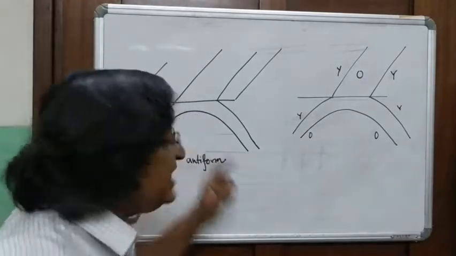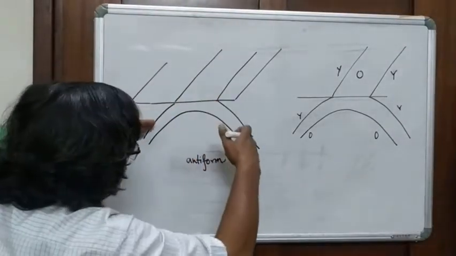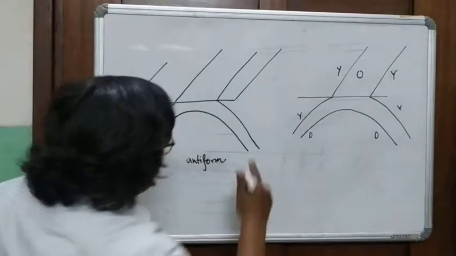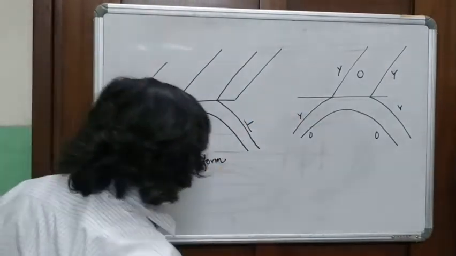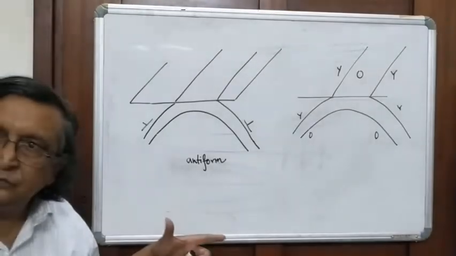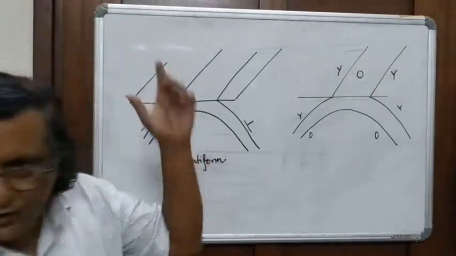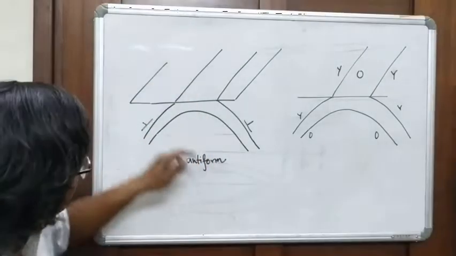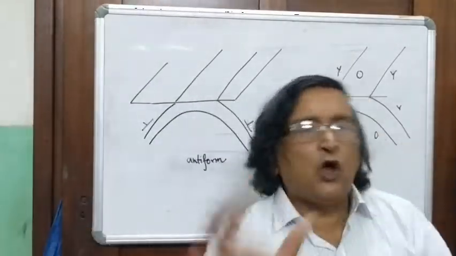Here this is an antiform. What is an antiform? The two limbs are dipping away from each other. The dip here is this way and the dip here is this way. The two limbs dip away from each other. Okay? And this is convex upwards. That's called an antiform. It is completely based on the form of the fold.